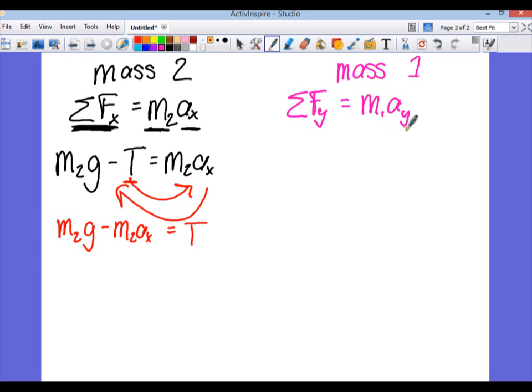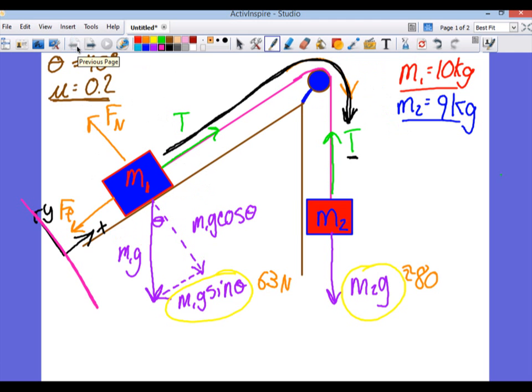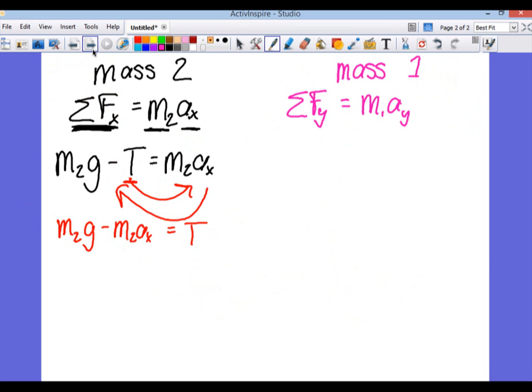Now looking at this AY, is this block accelerating in the y direction? Is it flying off of the ramp or sinking down through it? No, it's not. So I know that whatever forces I have adding together, they are going to equal 0.